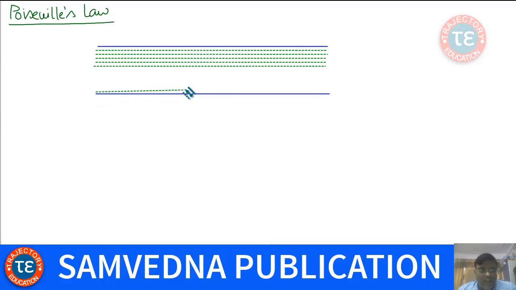The layers of liquid will be of what kind? It will be some kind of cylindrical layers of liquid. Since the tube is cylindrical, the layers of liquid will be of cylindrical shape.